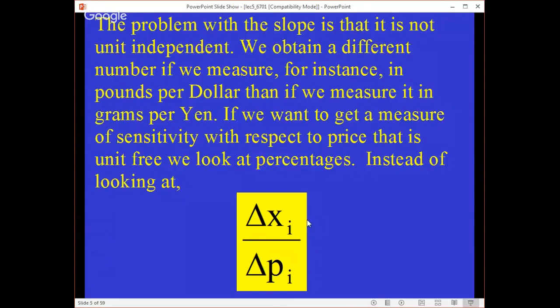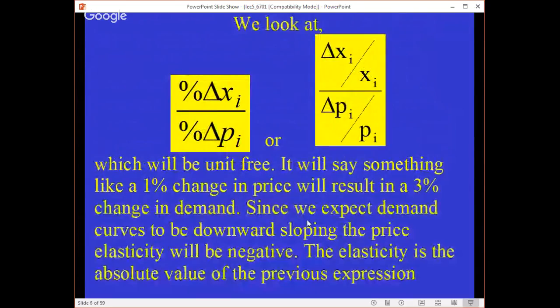So if I change one of the units that I'm measuring in, the slope will change. And we want something that doesn't change that way. So we come up with elasticity. In this case, it's the percentage change in the quantity demanded for Xi divided by the percentage change in the price of Xi, Pi. And I can write that as the change in Xi over Xi divided by the change in Pi over Pi.